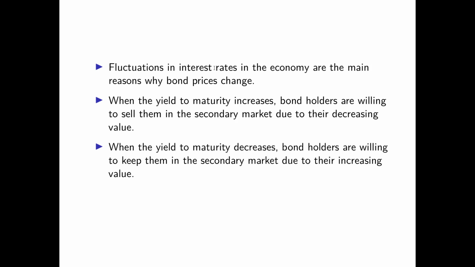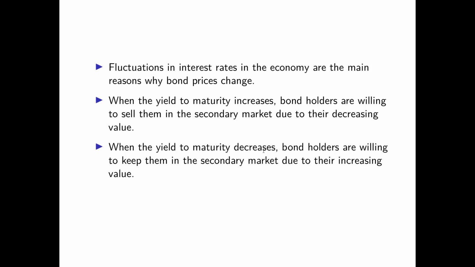So fluctuations in interest rates in the economy are the main reasons why bond prices change. When the yield to maturity increases, bondholders are willing to sell them in the secondary market due to the decreasing value, right? Because if you're holding an asset whose value is going down, then you want to get rid of it. So this might be a reason why the holder of a bond may want to sell it in a secondary market.